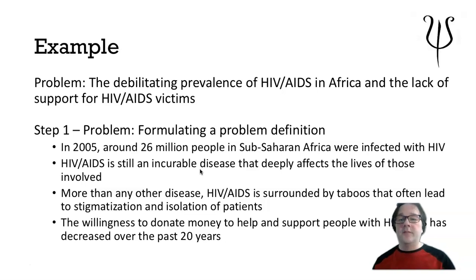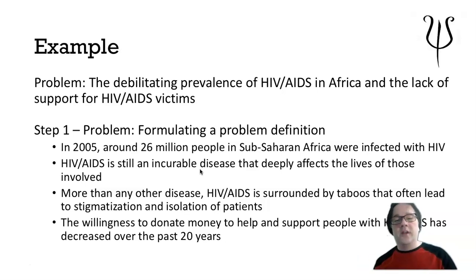An example of this might be understanding that in 2005, around 26 million people in sub-Saharan Africa were infected with HIV. That's a huge number. In some parts of sub-Saharan Africa, up to 25% of the population has HIV/AIDS, right? We can also say why.